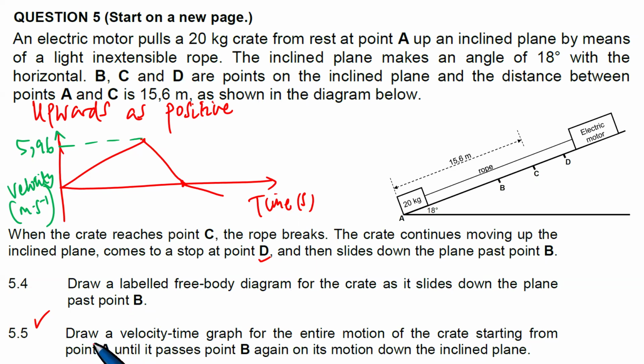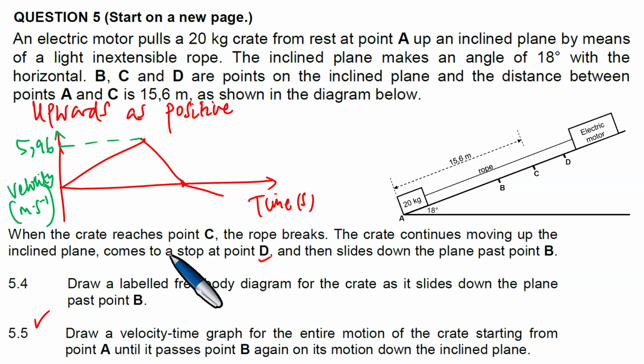Right. So this is the velocity time graph because it started at point A, it was at rest, and then its velocity increased. When it reached point C, it was moving at 5,96, but then the rope broke and its velocity started dropping because the rope was cut and no longer pulling it up.